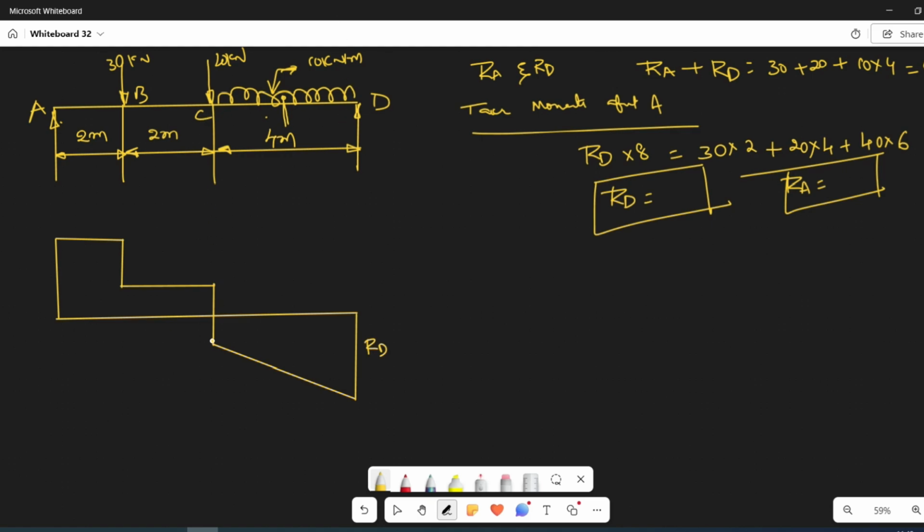Here at this specific location, 10 into 4, RD minus 10 into 4, when it comes to this, RD minus again minus 2.